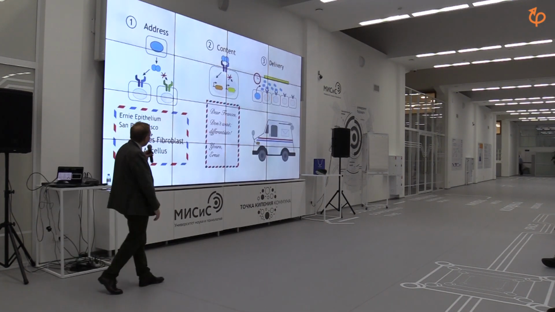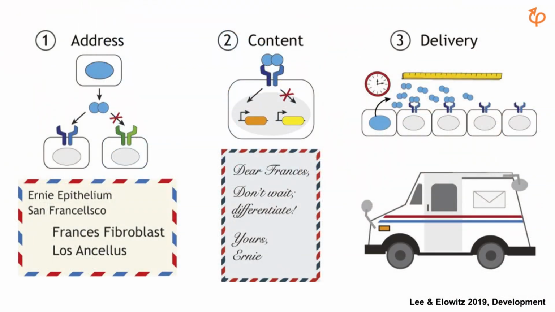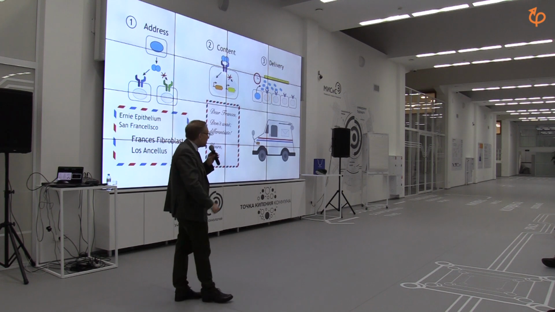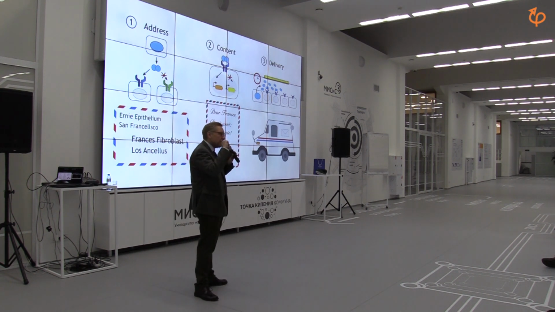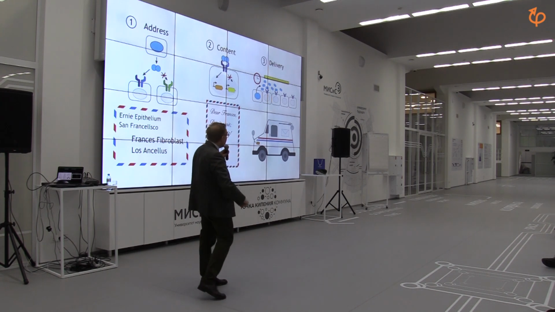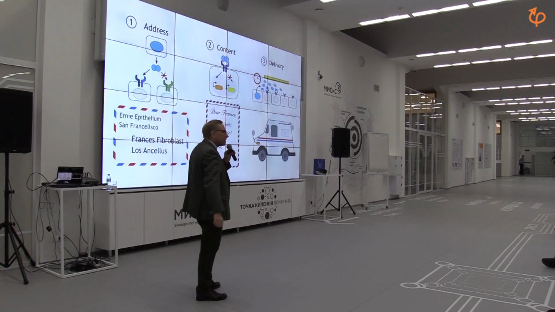And this is in principle how you can see this information, right? So you have an address. The signaling factor is binding to specific cells. This is like you have to write an address on an envelope. Then you have the content. So there's important information in this message, which then gets transferred to the cell, and it's a delivery, right?